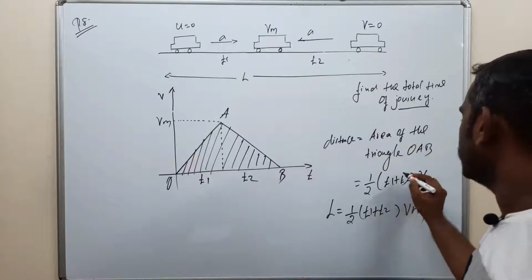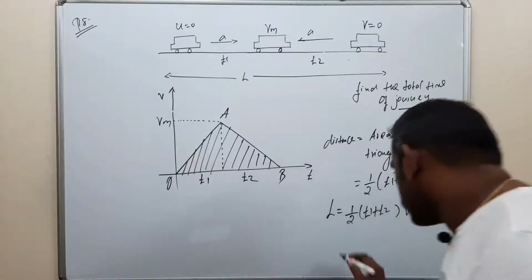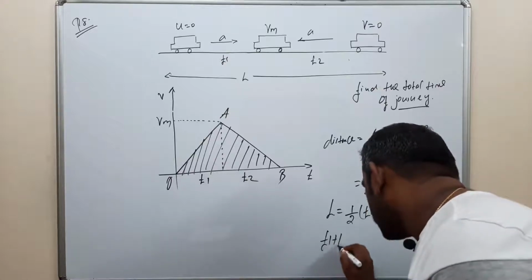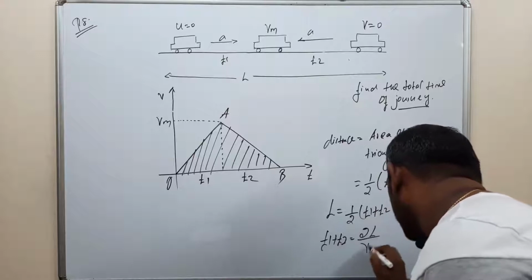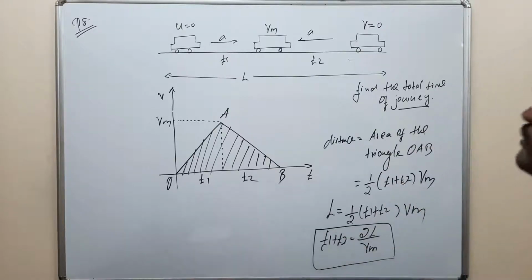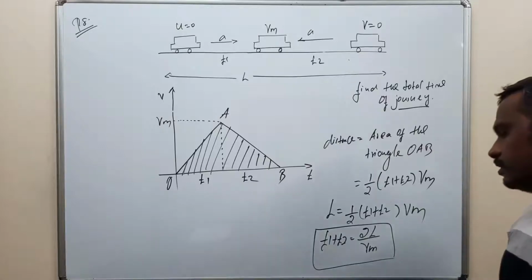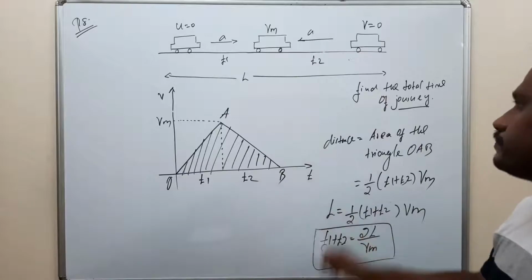We have to find the total time of journey, which is nothing but T1 plus T2. So T1 plus T2 is equal to 2L divided by Vm. That is the total time of journey of the car. Clear?